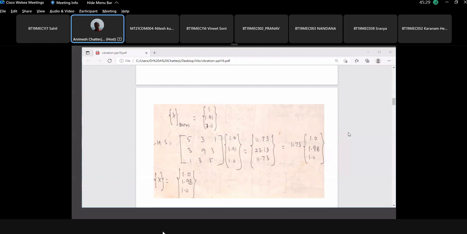Agree? MATLAB सीधा बता देगा, this is natural frequency number 1, this is natural frequency number 2, this is natural frequency number 3. MATLAB will never tell you कि मोड शेप में साइन चेंज कैसे होता है, कितना होता है. MATLAB will not tell you.